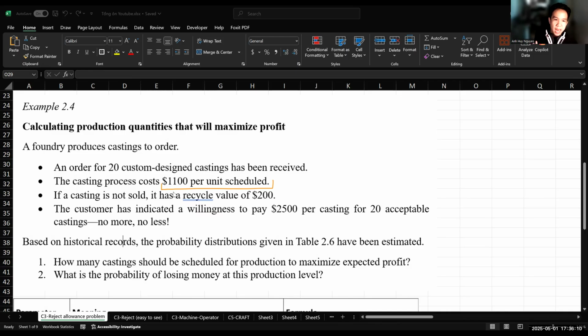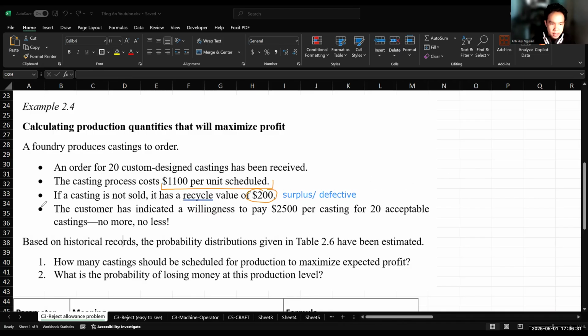And if you cannot sell a product, maybe it's surplus or defective, or for some other reason you can't sell the casting to your customer, you can recycle it with the value of $200.